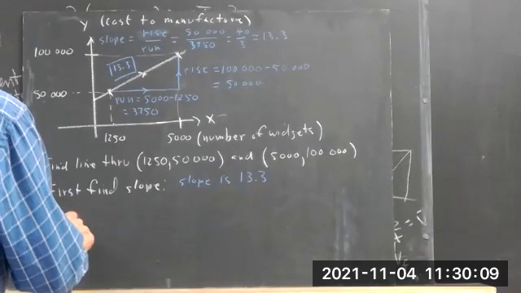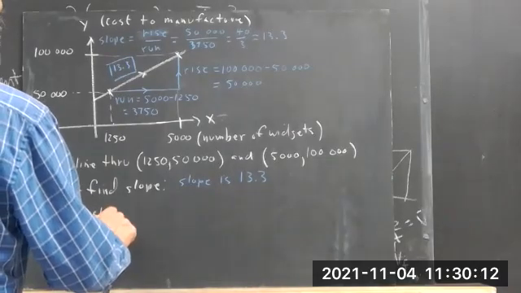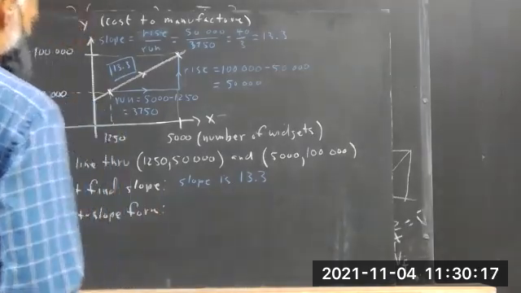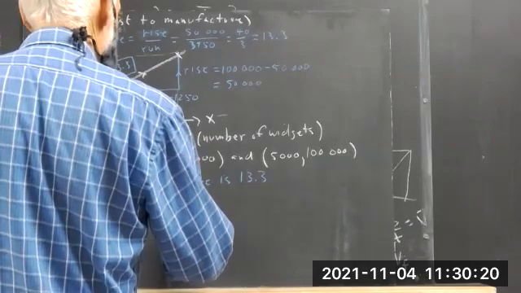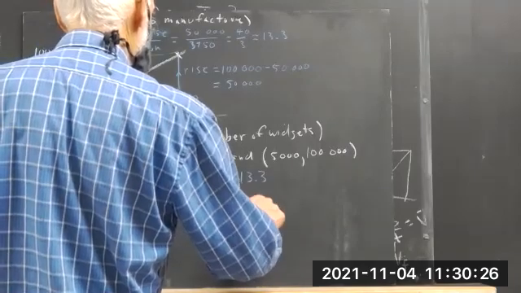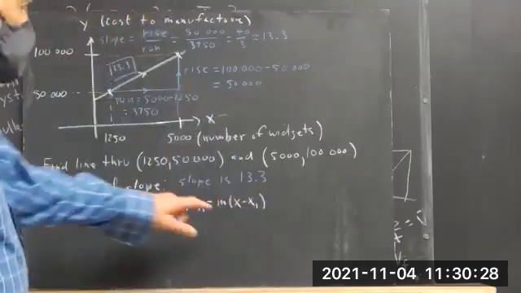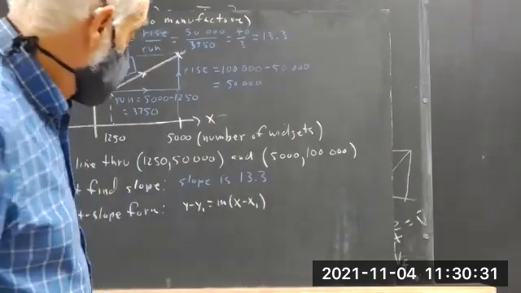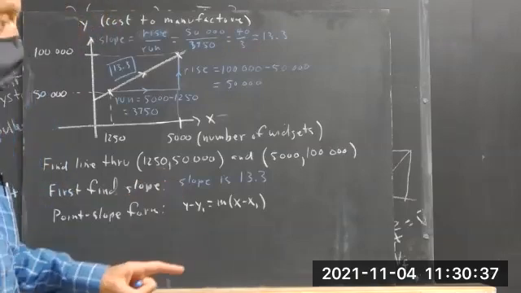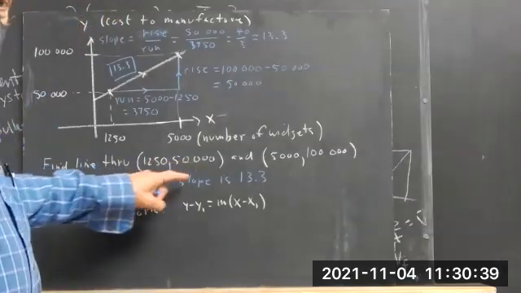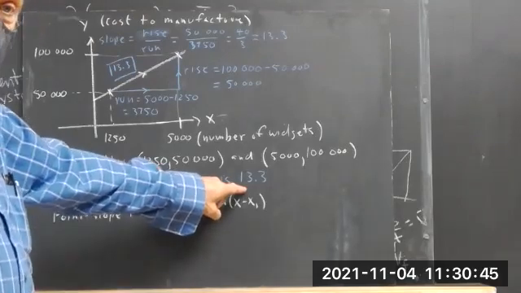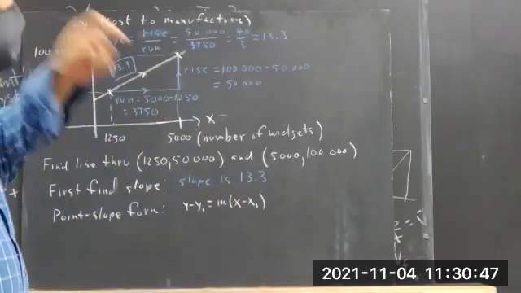So the point slope form is y minus y1 equals m times x minus x1. You could use the coordinates of either of these points for the x1 and the y1. And m is your slope, and you've already got that. Okay, so go ahead and do that if you wish.